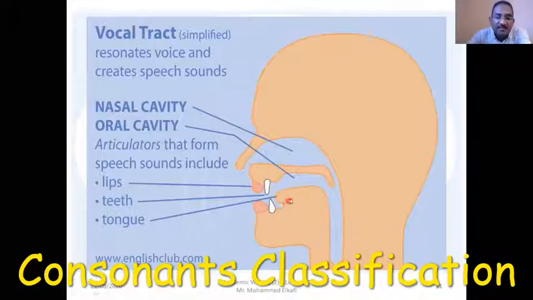And also we'll find what? The lips, the two lips, the upper lip and the lower lip. When they make this form, we'll find sound such as pa, and pa will be produced.